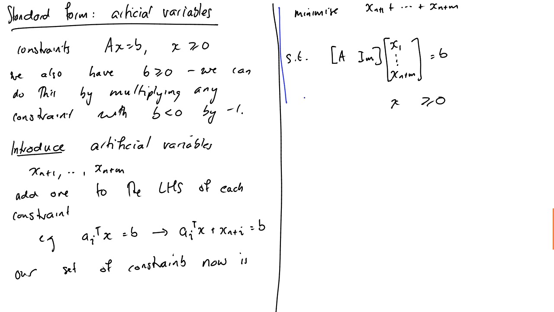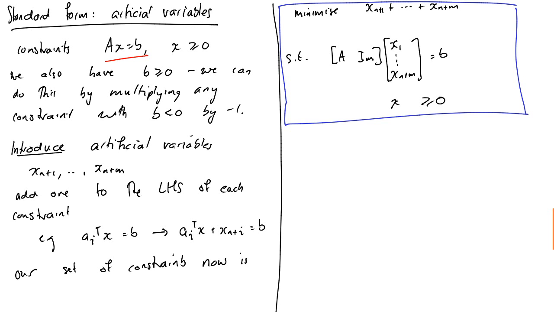Okay, let's have a think about that for a second. What does this linear program here mean? Well, if we want a vector of x's that satisfy our original constraints, these ones here, then the only way that works is if each of these artificial variables are equal to 0.